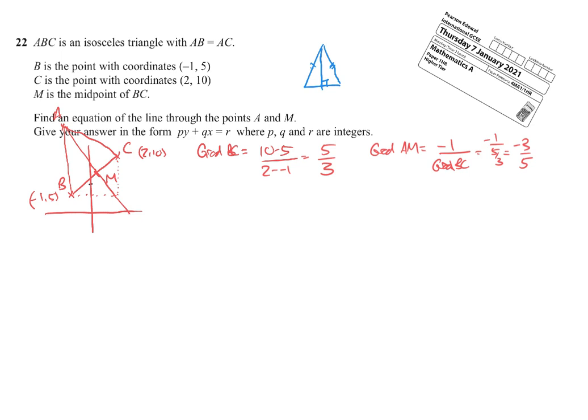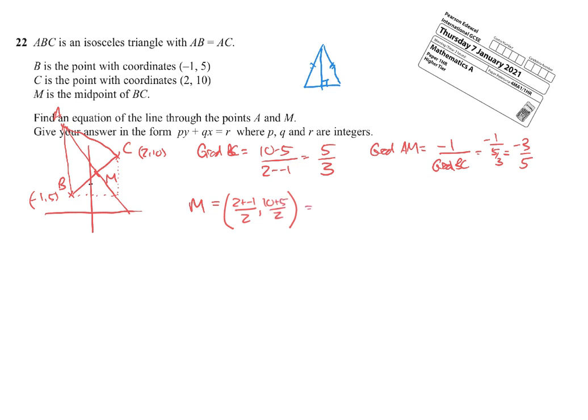Next I'm going to find the midpoint. What are the coordinates of point M? M is halfway along in terms of x and halfway up in terms of y between the two points. So the coordinates for M can be written in a big set of brackets like this. I add my two x coordinates, 2 plus negative 1, divided by 2, and 10 plus 5 divided by 2 gives me halfway in the y direction.